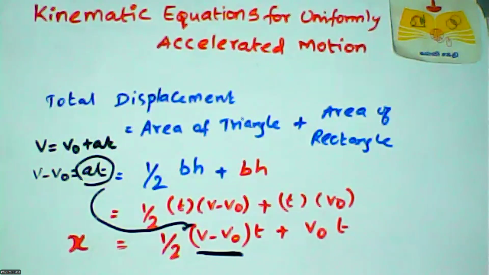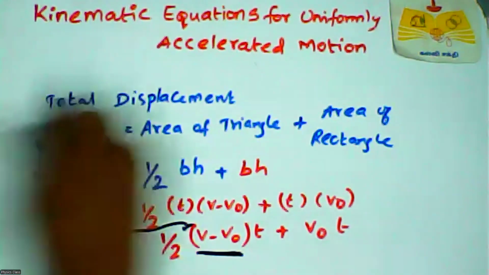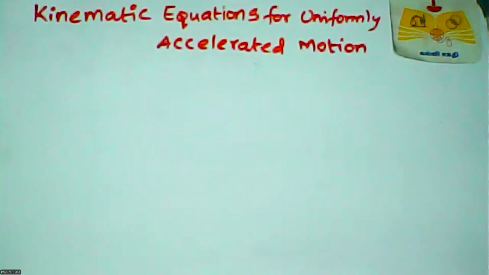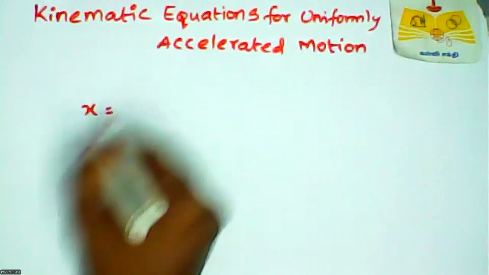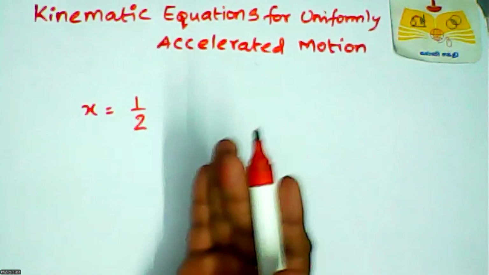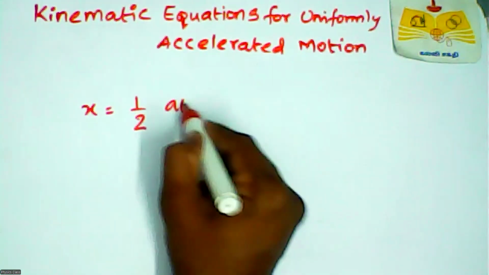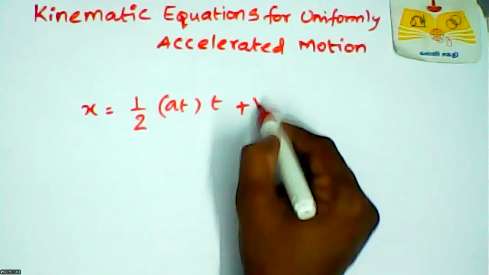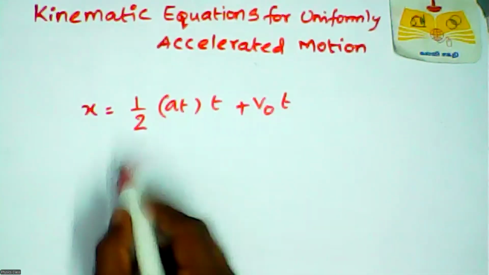Okay. So now I will rewrite that equation. x is equal to half. We can replace v minus v naught by at. So at, already t is there, and plus v naught t.